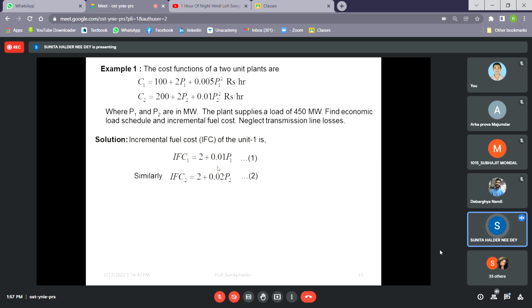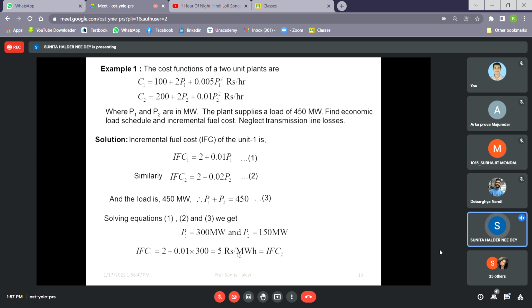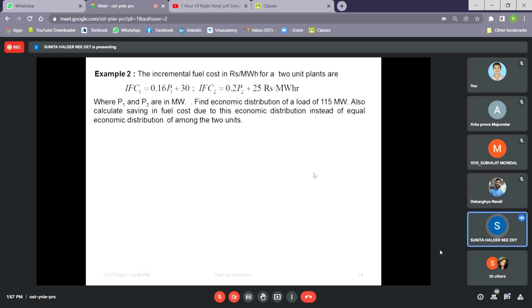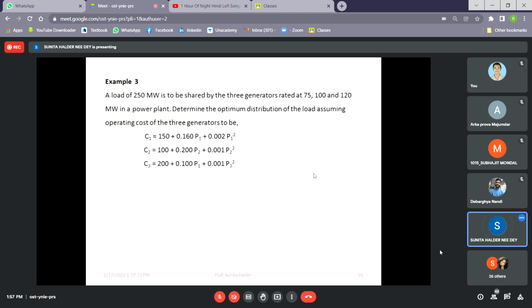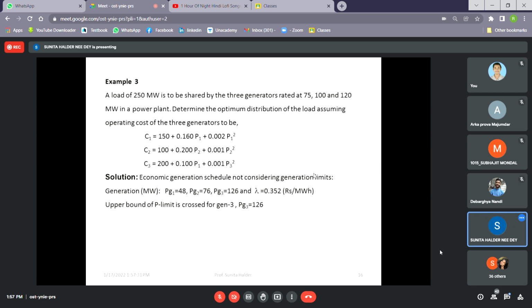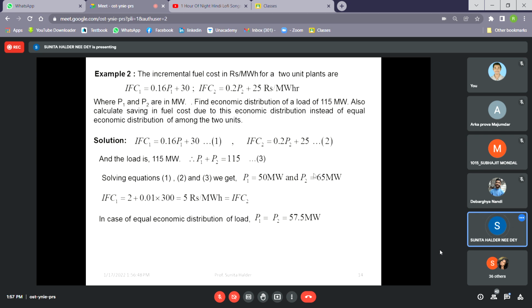So at first we find the incremental fuel costs, make them equal, and the summation of the generations will be equal to the load 450. From there we can solve it, right? No limit is given, so that means it has infinite limit, so we need not bother about the limit. Now if a limit were given, let me see whether I have given any problem with a limit or not. Yes, okay.